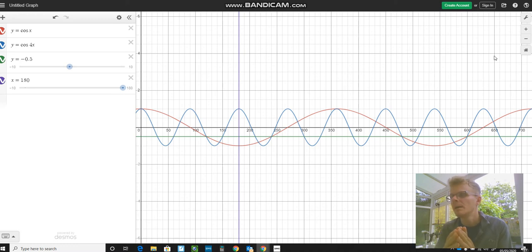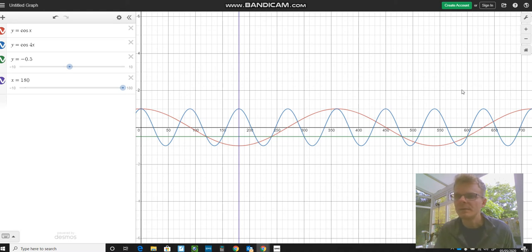So I've gone to 720 on my scale, because that's 4 lots of 180. So if we find the answers for the cosine graph between 0 and 720 and divide them by 4, that'll shrink them back in to give us what cos 4x is doing between 0 and 180.